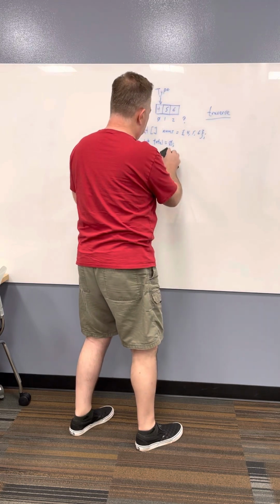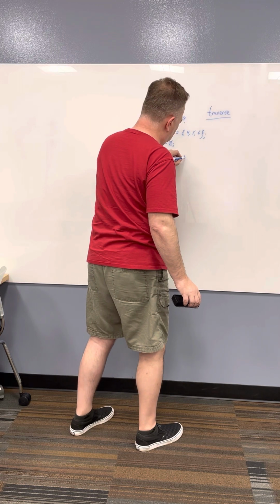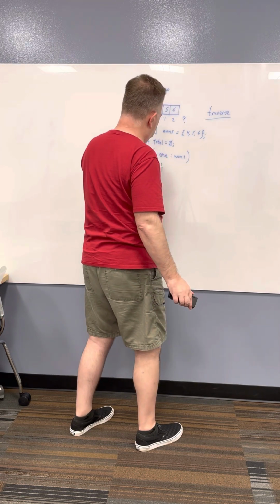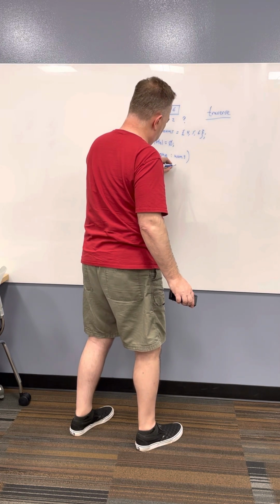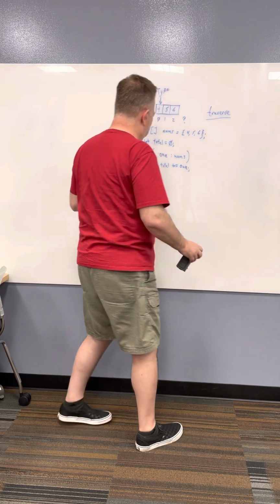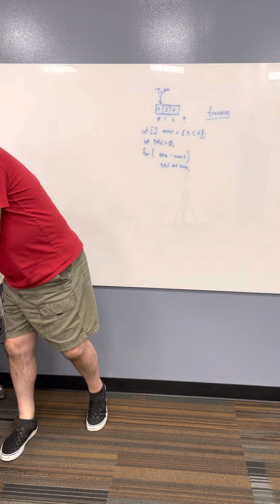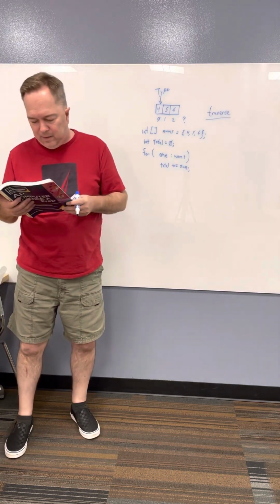And I could say for (int n : nums). Okay, I think that's about right. Yeah, that's right.